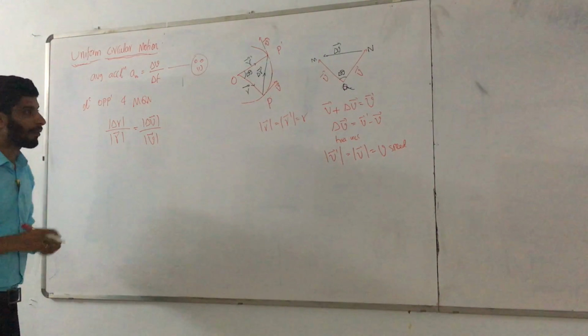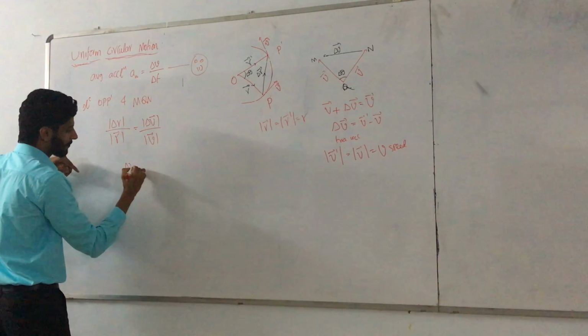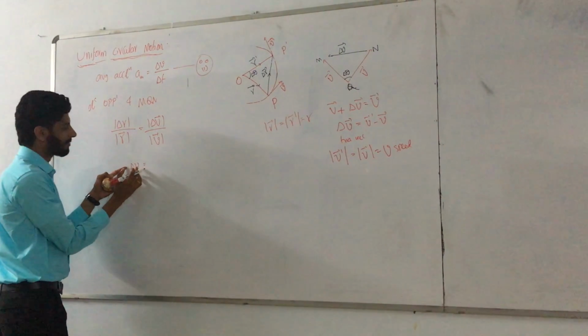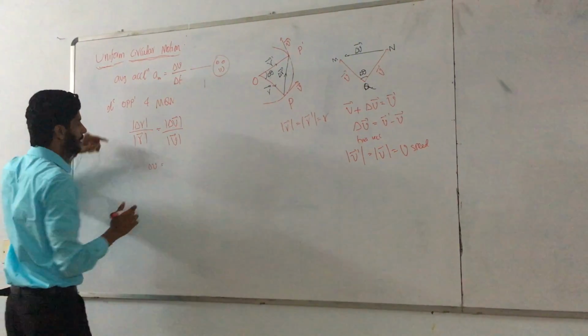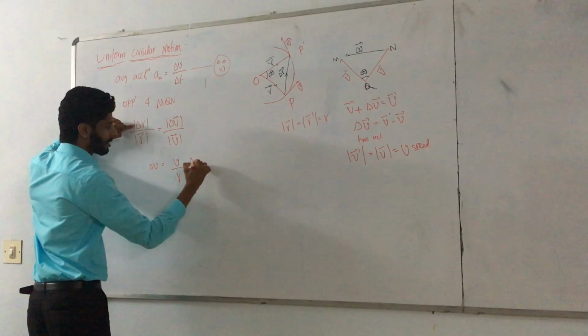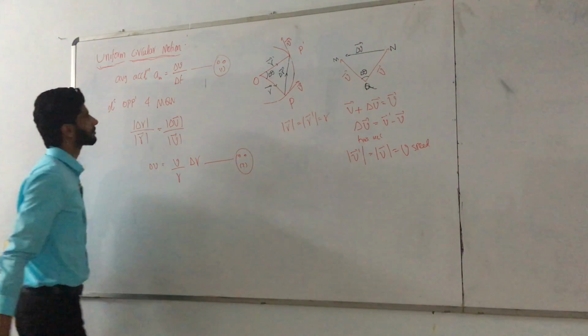That's what I've got. I want an expression for delta V. So I'm going to write for the magnitude of delta V vector, that's why I'm not writing an arrow mark, which is equal to V by R times delta R. Let me say this is equation number 2.